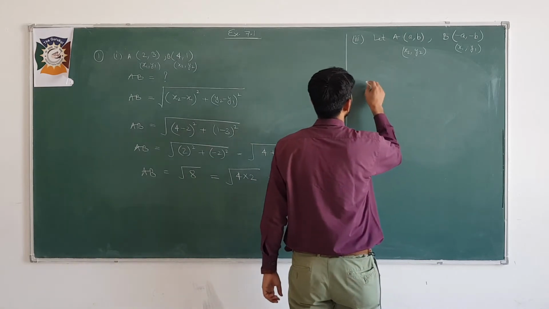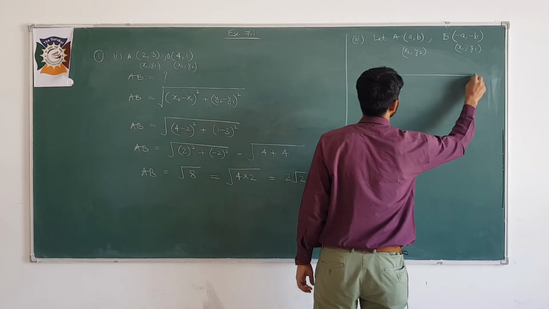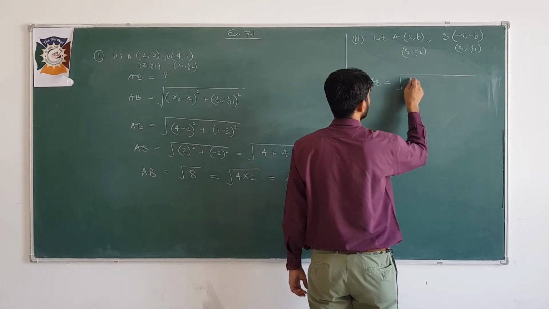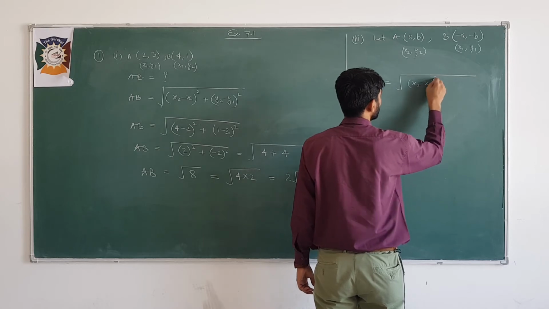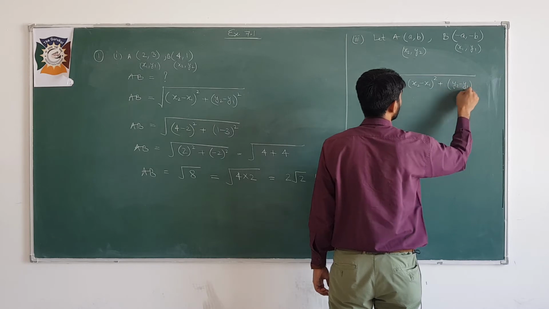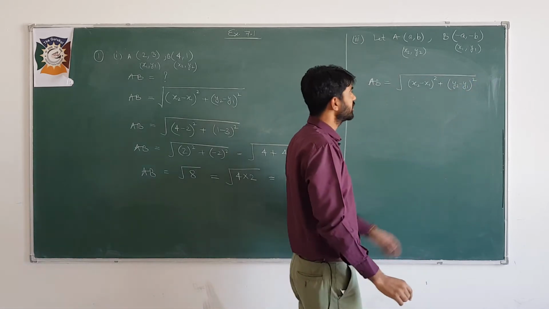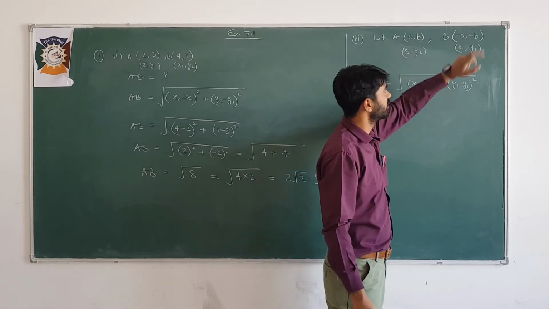Therefore distance AB is equal to root over, what is the formula? x2 minus x1 whole square plus y2 minus y1 whole square. I have taken this as x2, so this minus of minus this.